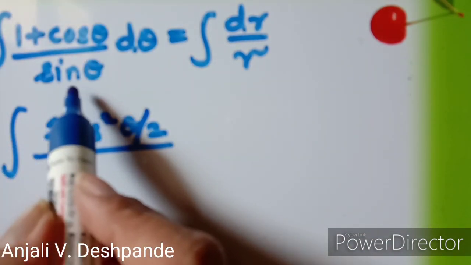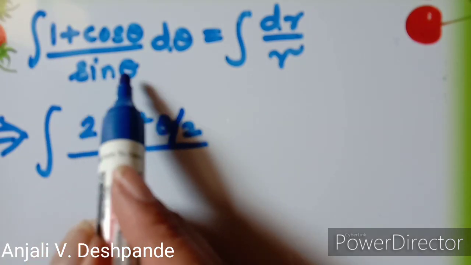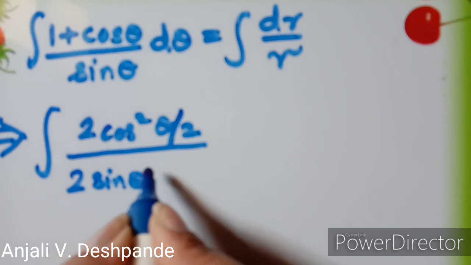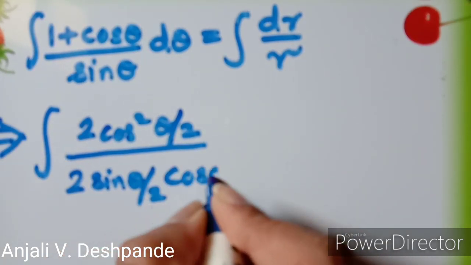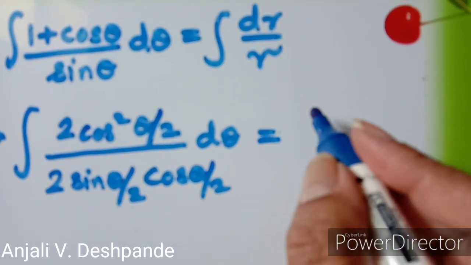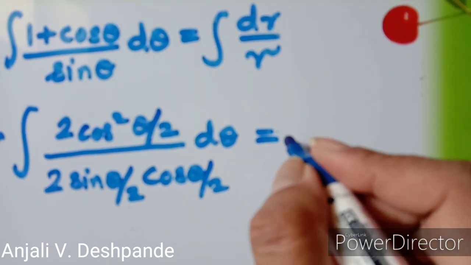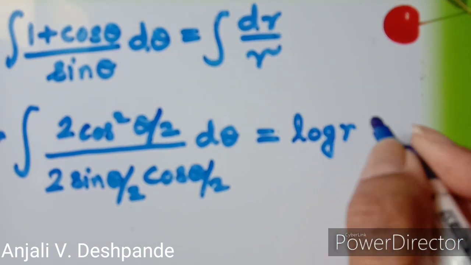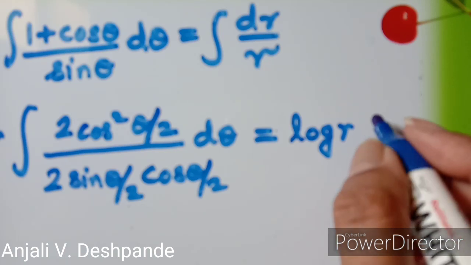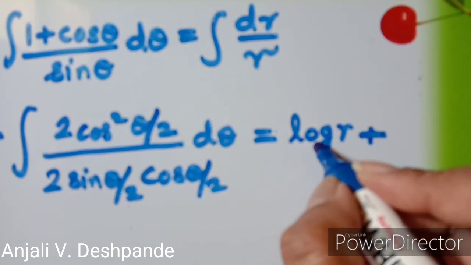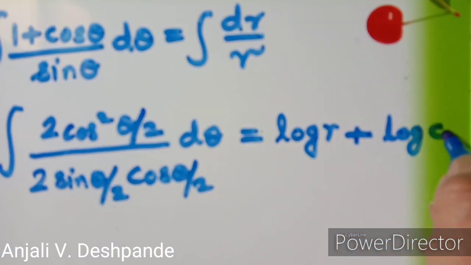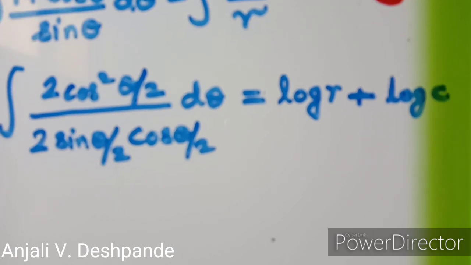Divided by, once again using the identity sin 2 theta is 2 sin theta cos theta, so this will be 2 sin theta by 2 cos theta by 2 d theta is equal to log r. Plus, since I am having a log term here, I am going to write the constant as log c, so that later on I can just combine this.